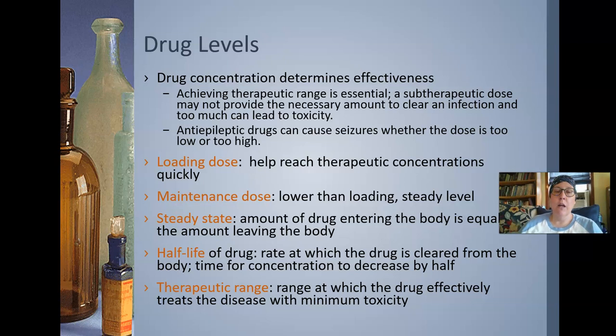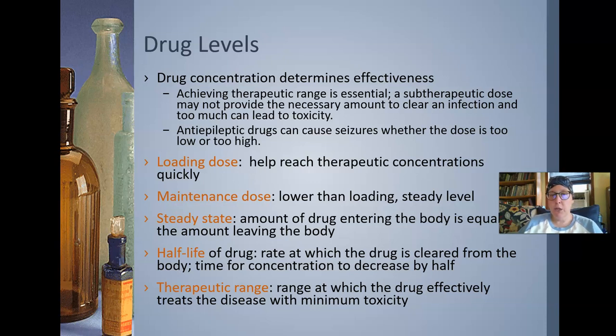Okay, so the drug levels. The drug concentration determines the effectiveness of the drug. So the goal in the TDM drugs is to achieve the therapeutic range. Again, above the minimum effective, below the minimum toxic.